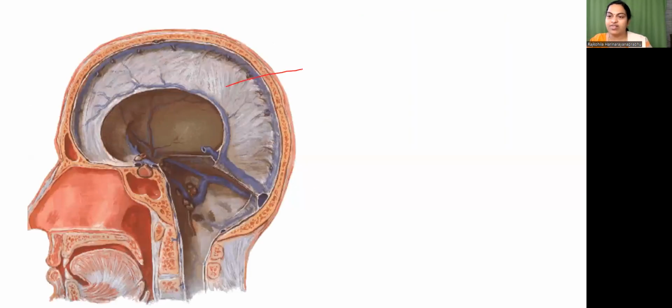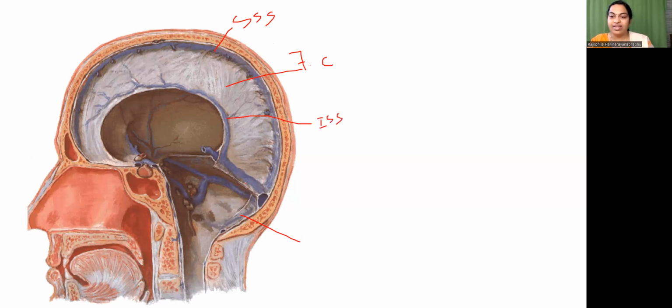இதுதான் நான் சொன்ன falx cerebri that lies between the two cerebral hemispheres. இங்க பார்க்கிறது falx cerebelli. Okay, so in the upper border of the falx cerebri, நம்ம பார்க்கிற அந்த dural venous sinus பேரு superior sagittal sinus. அதே மாதிரி இங்க lower border, what we see here is the inferior sagittal sinus.